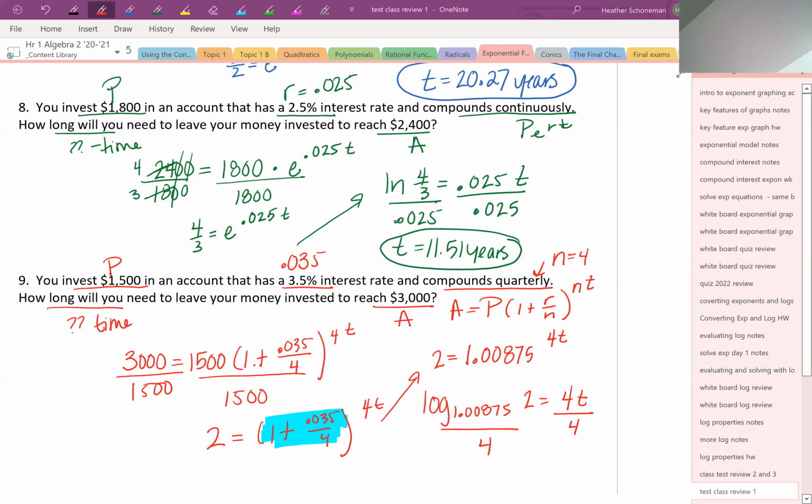Well, we did this a million times. We just didn't have weird decimals there, but your calculator's doing it. It's not stressful to type the numbers. So we hit enter, and there's our answer, 19.89 years.